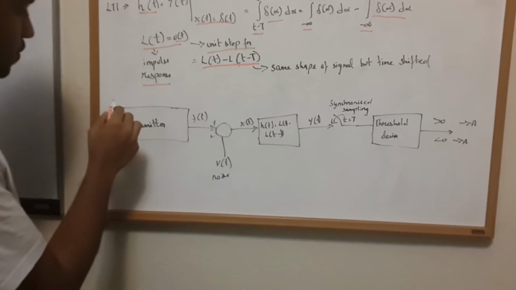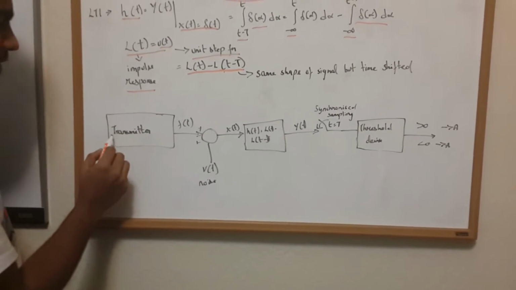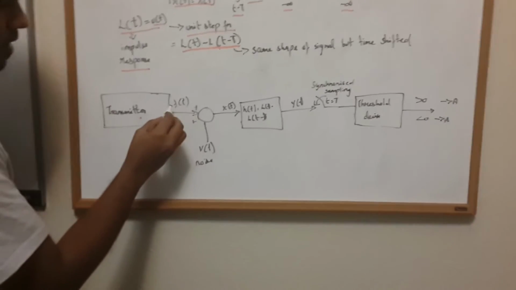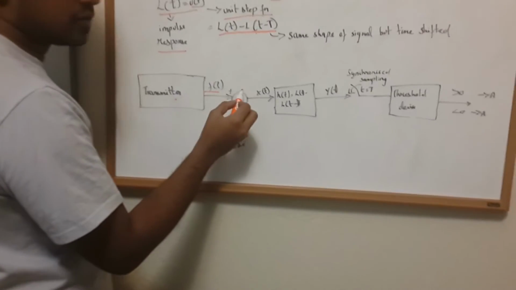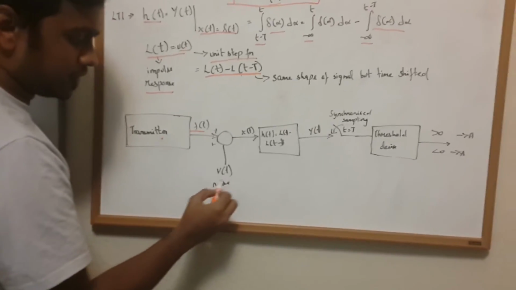So the final receiver is as follows. The transmitter gives rise to a signal f of t. Now the signal f of t is passed through a noisy channel v of t.